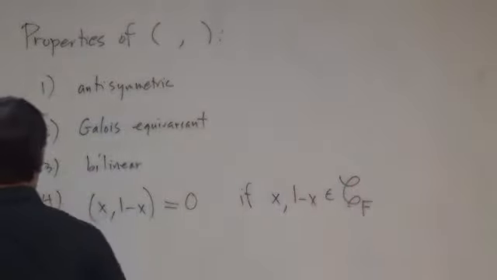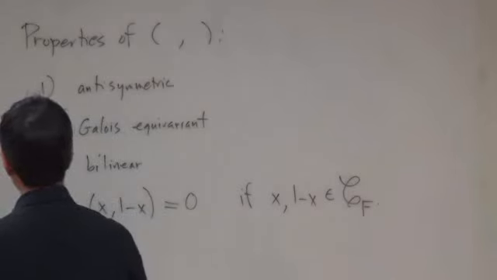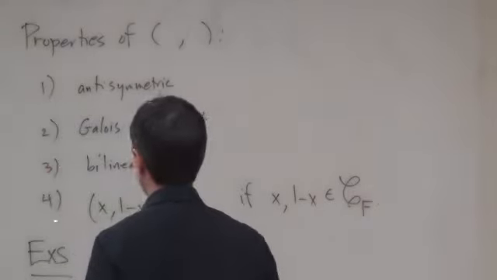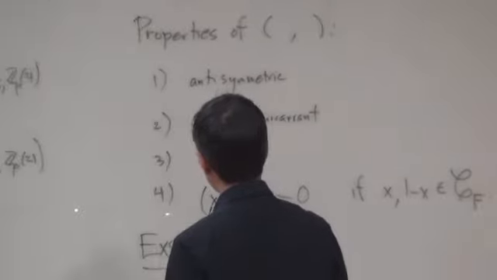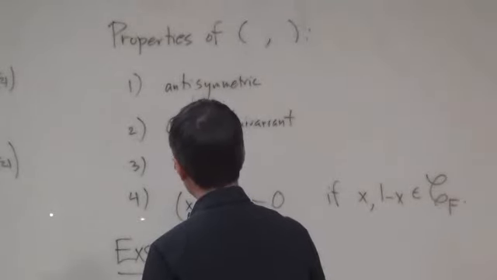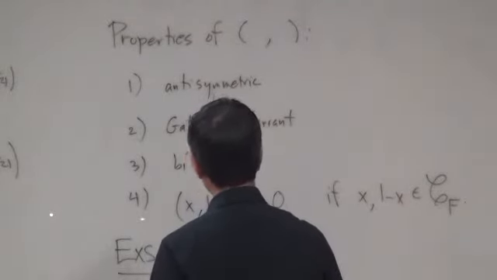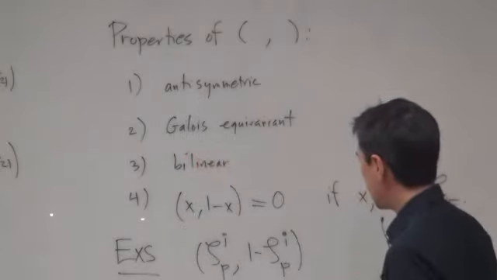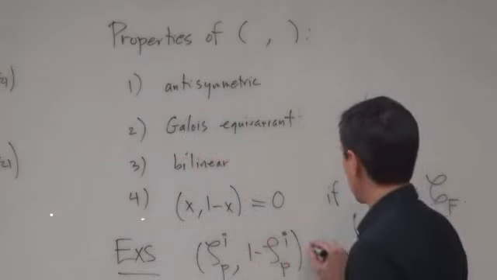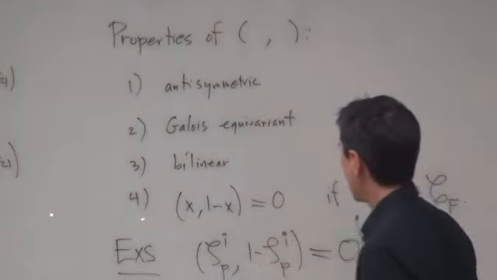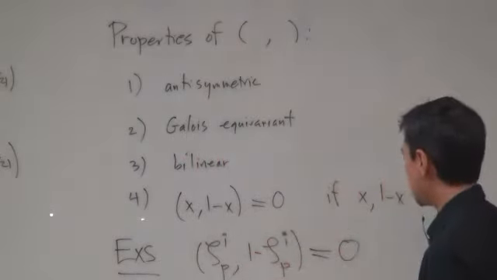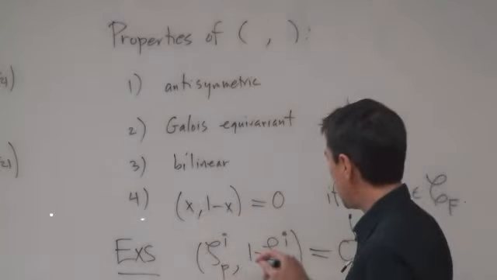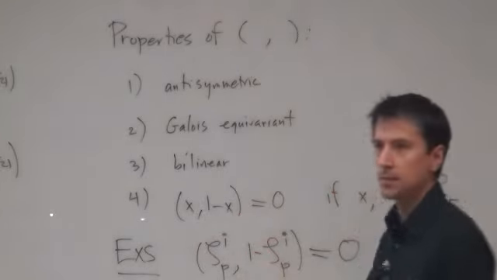So let me point out some examples of where you have this fourth thing happening. Zeta P to the I pairs trivially with 1 minus zeta P to the I. If I is prime to P, then this will be 0, because that's a good x. This means that zeta P pairs trivially with all the 1 minus zeta P to the I's.